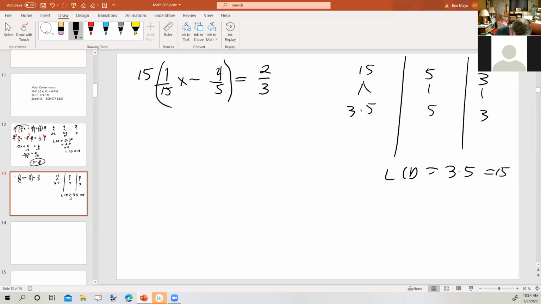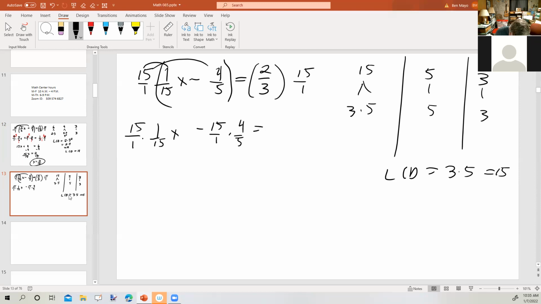So we come back here and we multiply both sides by the least common denominator, distributing 15 over 1 times 1 over 15 x minus 15 over 1 times 4/5 equals 2/3 times 15 over 1.